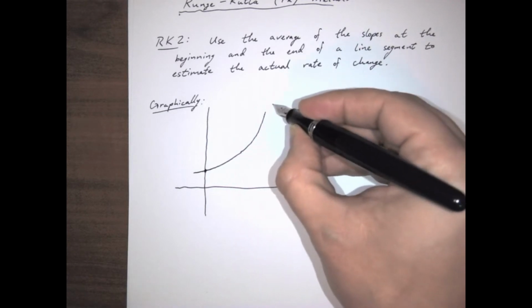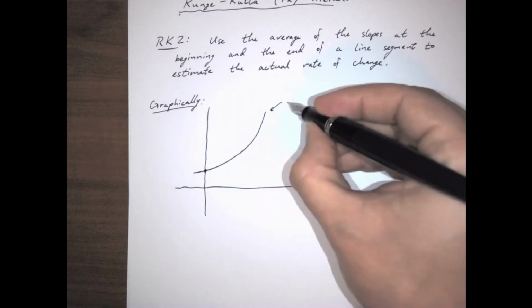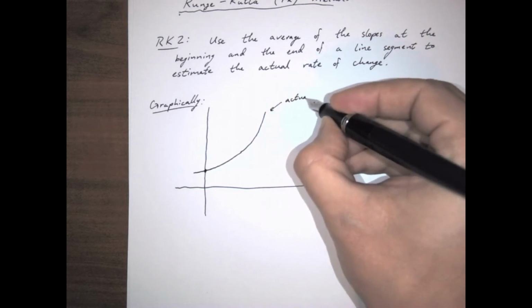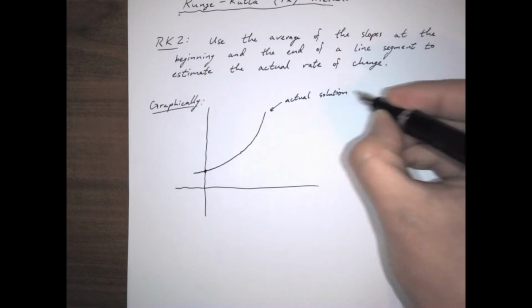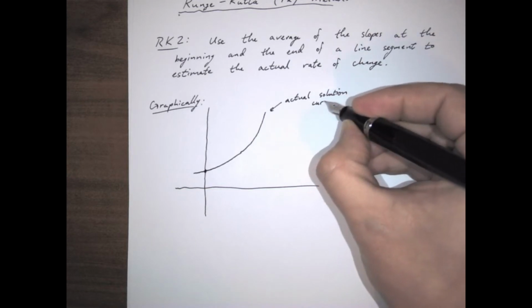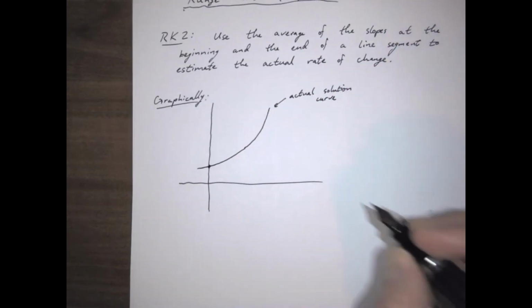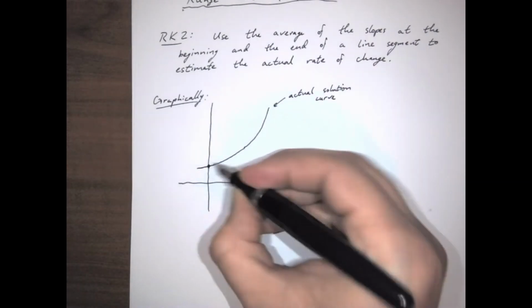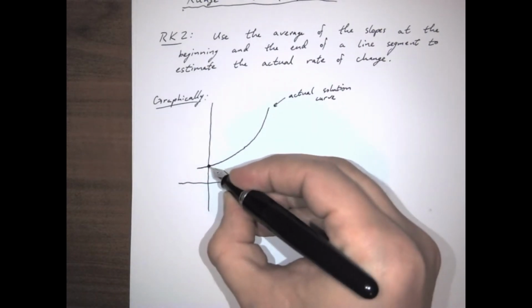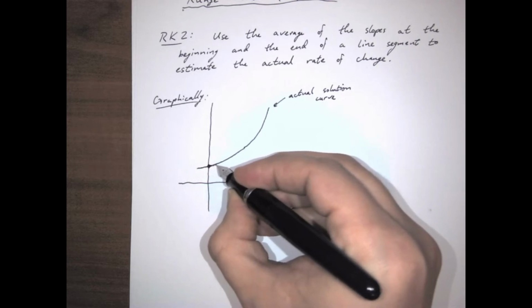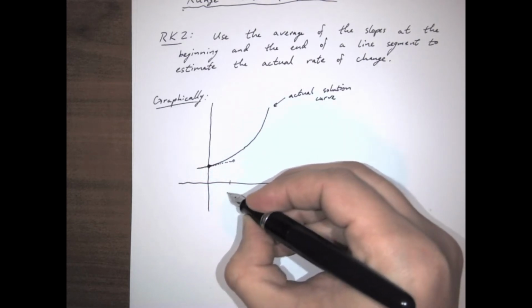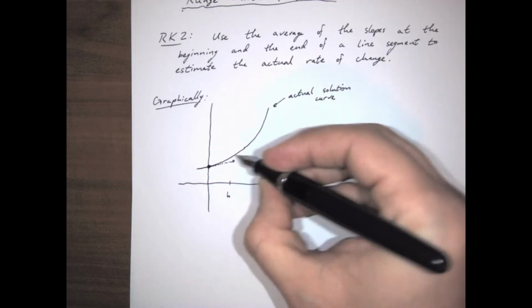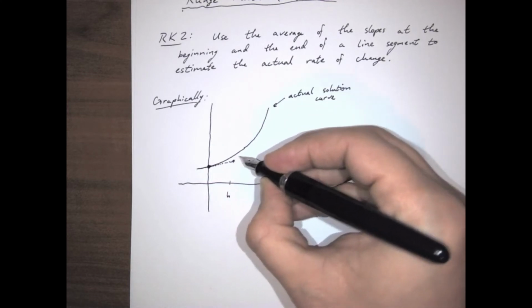So let's say this is the actual solution curve. And let's say that this was our initial condition, and let's say that Euler's method led to, so this is h, our first point here.